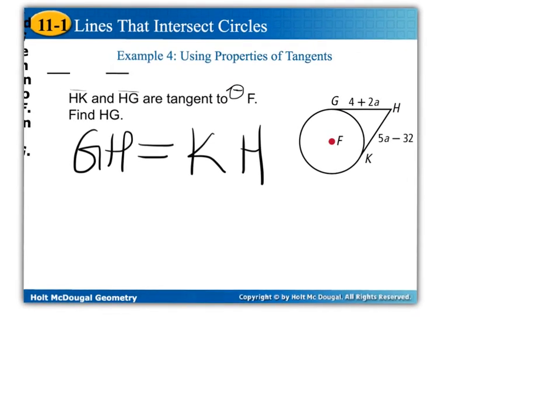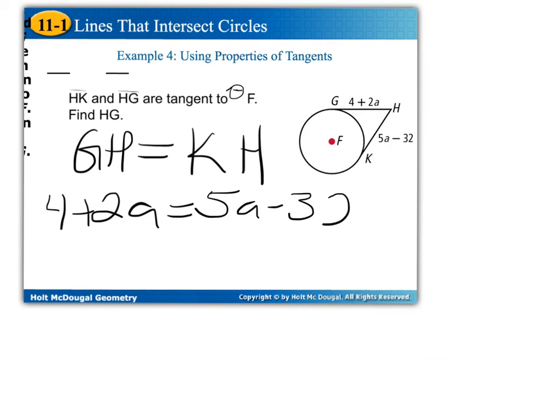So what I'm going to do is I'm simply just going to put in GH is 4 plus 2a, so I just put in 4 plus 2a on the left side. KH is 5a minus 32. And I solve. Subtract the 2a over.